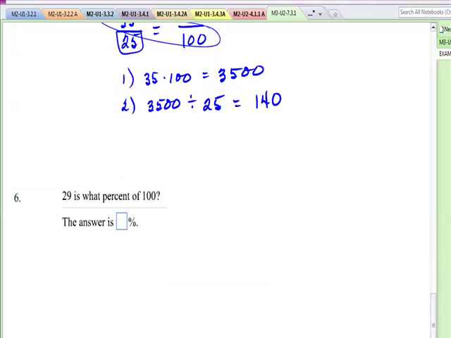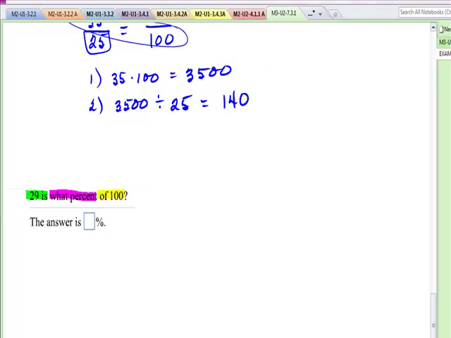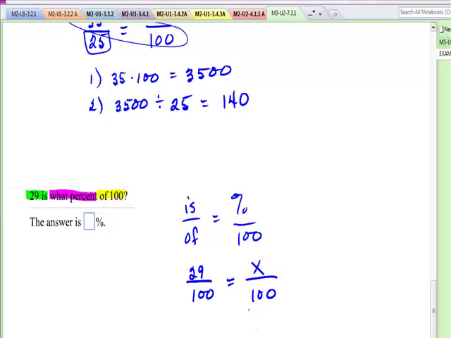All right, last one. 29 is what percent of 100? Is over of equals percent over 100. 29 is my is number. My of is 100, so 100's down there. The percent is unknown, and it's over 100.